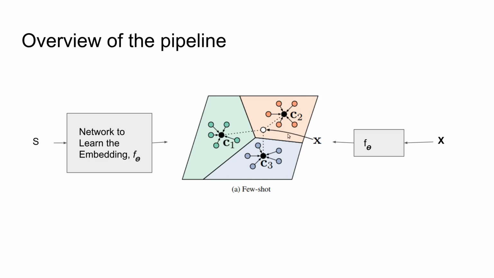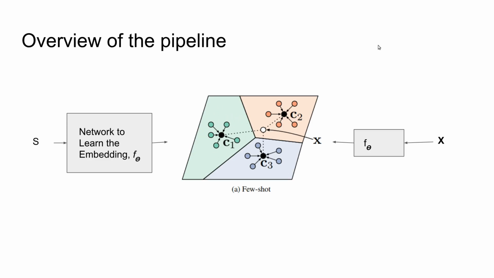And ideally, we want this embedding such that the examples in a class tend to cluster together. So here we see that each of the 5 examples of the classes tends to cluster together.